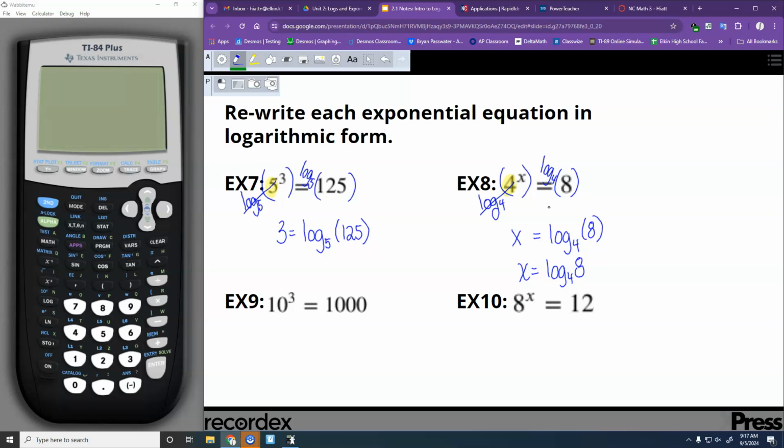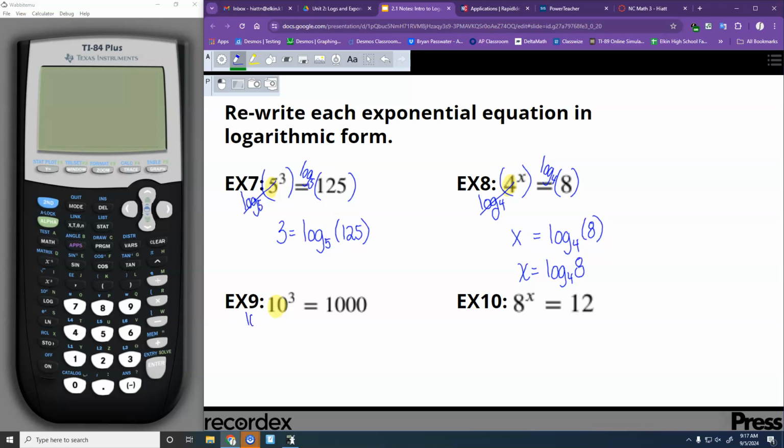All right. Okay, Victor, what's our base for number 9? What's the base of our exponent for number 9? It's 10. Good. So if we want to get rid of that 10, what do we have to do? The opposite of an exponential is a log, and we are going to use that same base, right?